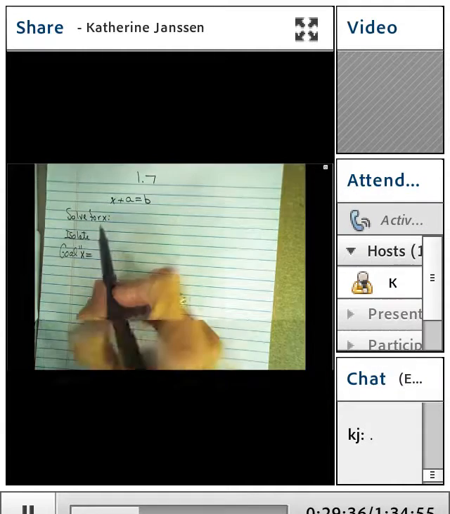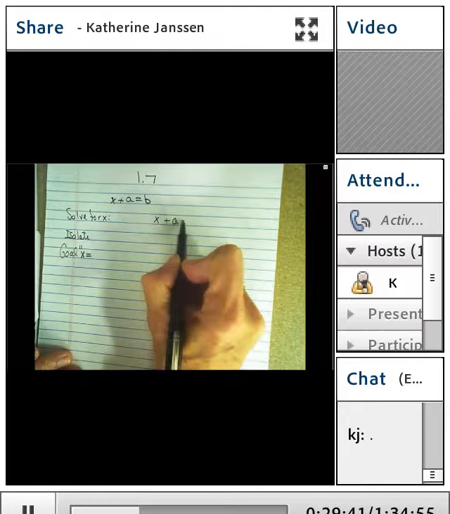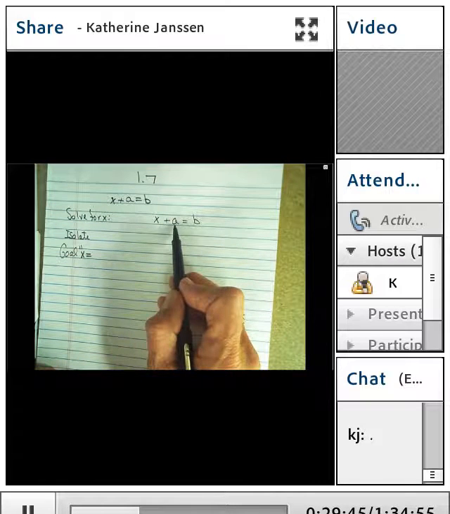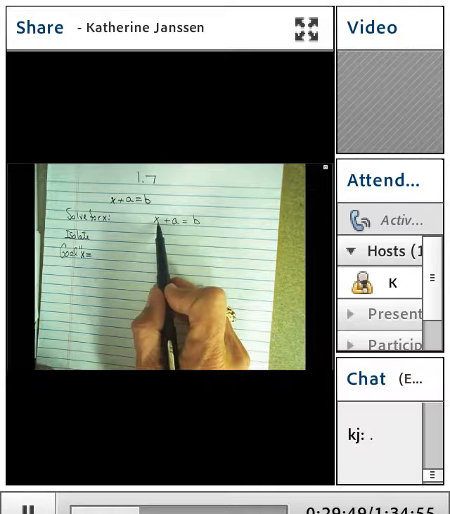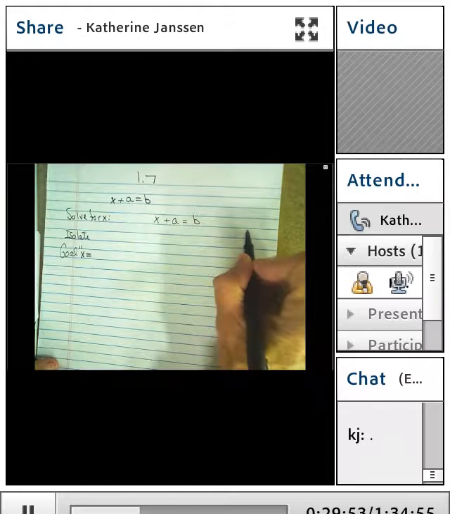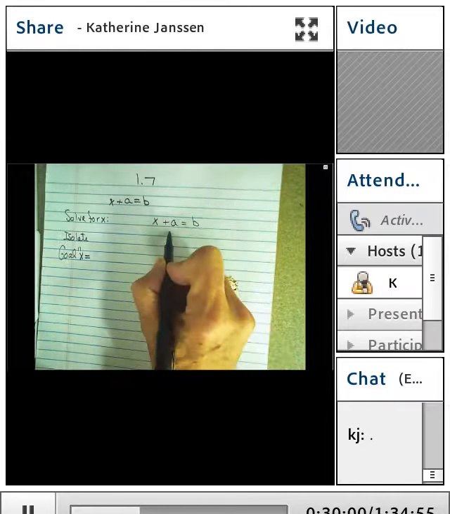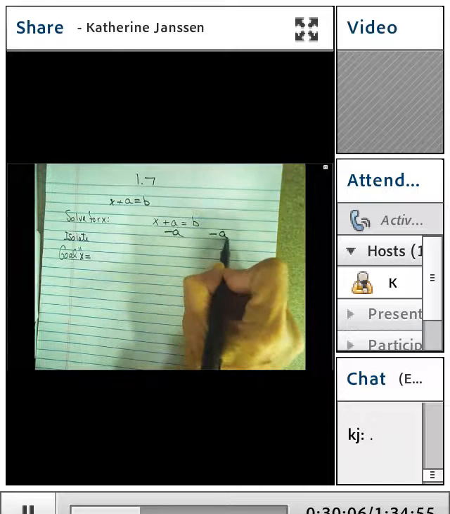Now, if we're supposed to solve for x, and I have x plus a equals b, so I have x, my variable, plus something is equal to b. I want to get x on one side of the equal sign all by itself. I know that if I add the opposite of a, by subtracting a from both sides.